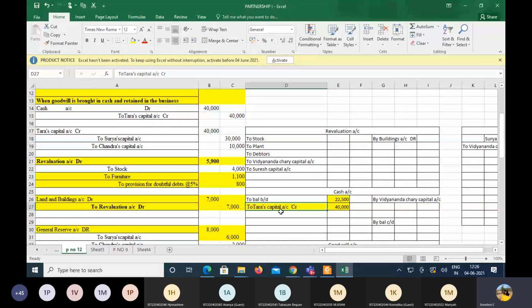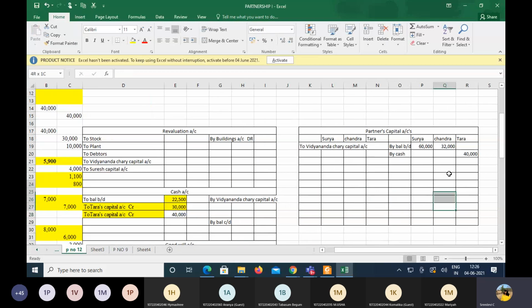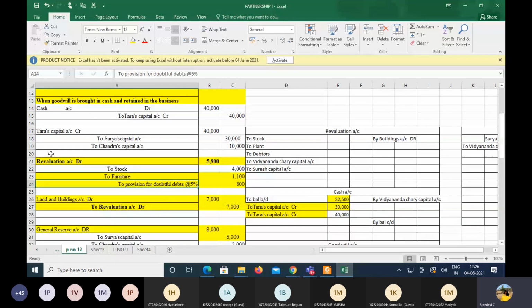So here again to Tara's capital, this is 30,000 and this is 40,000. The same for this, thousands, and again by cash. It's goodwill. He got 40,000. Right? I hope it's clear.